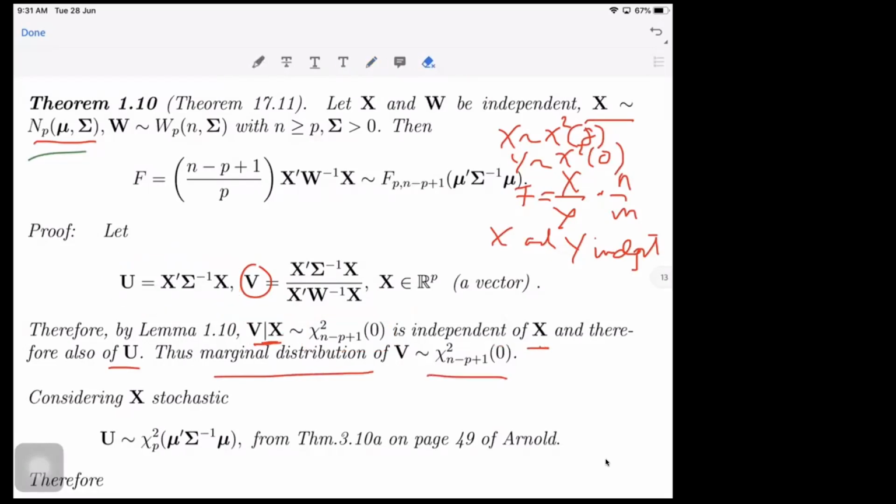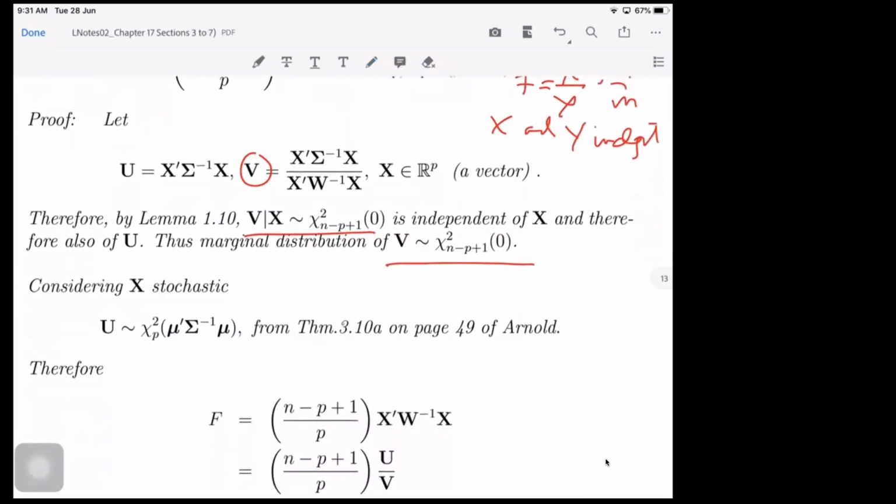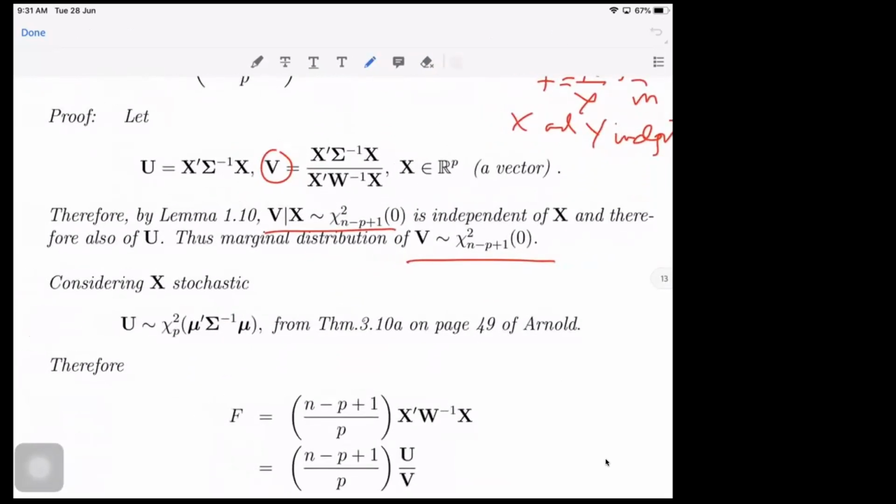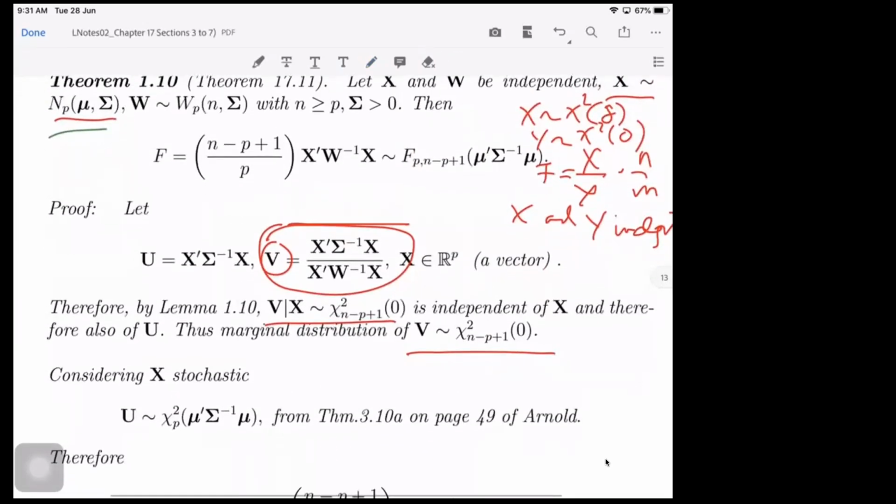Either you get it conditionally or not. Since it is independent of X, then it is chi-square. So this V, the denominator, is central chi-square. What we look at is the non-central chi-square over the central.